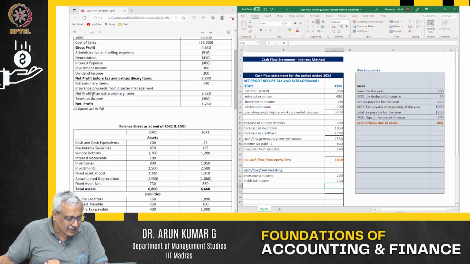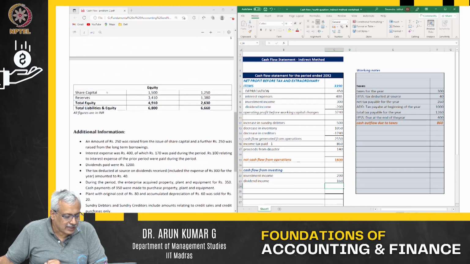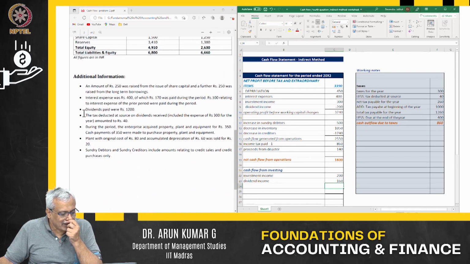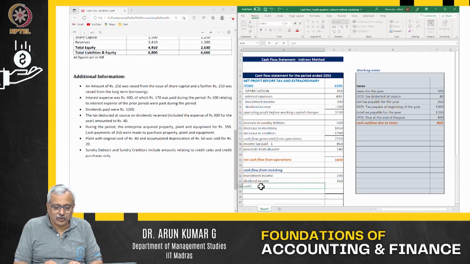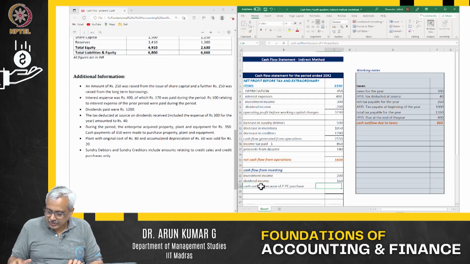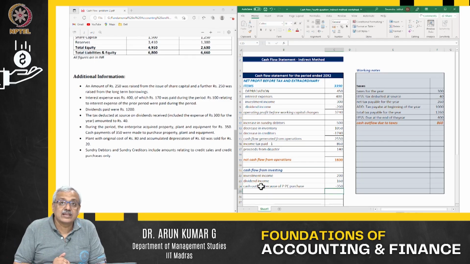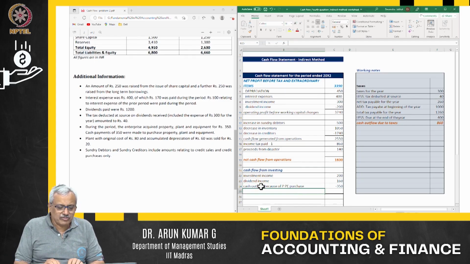Now, let us go here and look at it. Cash outflow because of plant and machinery purchase is 350. I explained this earlier. Cash outflow because of PPE purchase is $350, that we saw last time. And I have sold something, so cash inflow because of PPE sale is about $20.